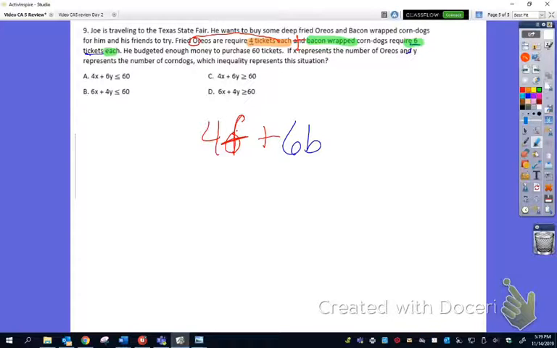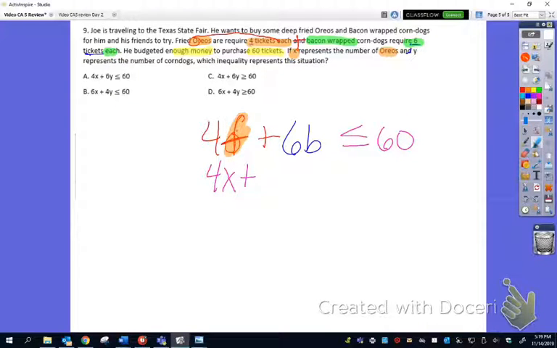He budgeted enough money to purchase 60 tickets. So he has enough money to get 60 tickets. He can't go over that, so it has to be less than or equal to 60. Okay, so 4. Now, this is what's important right here. See, Oreos is your X. And that was my Oreos right here. So this has to be X. So 4X plus.